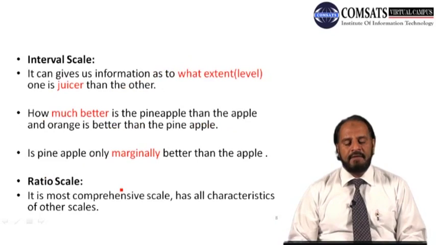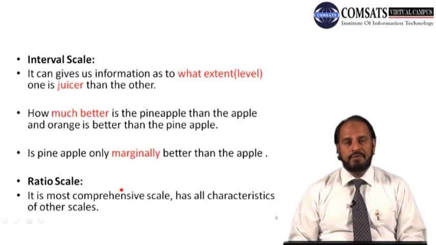An interval scale, on the other hand, gives us information on to what extent one is juicier than the other. In the previous scale, we were saying one is better than the other, but how much better? This information is not available in the ordinal scale. As compared to an interval scale, this information can be achieved. That is, we can find out which is better and how much better.